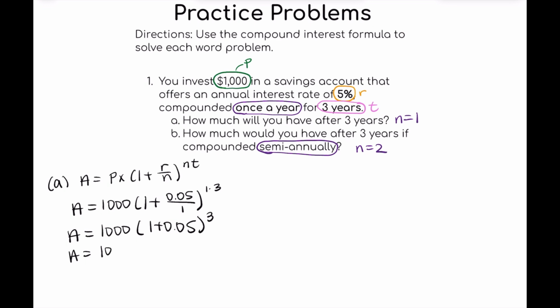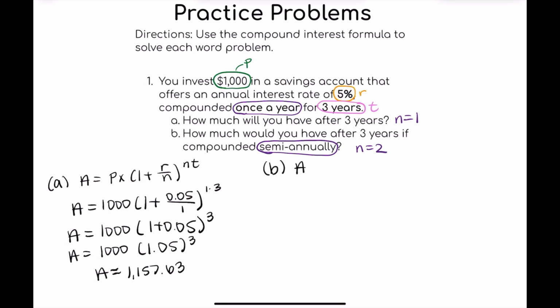I would encourage you guys to simplify it before plugging it into your calculator to minimize mistyping or plugging anything incorrectly in. Once we do that and we calculate, we get our amount is $1,157.63. So this is how much we have, $157.63 of interest. We add that to our principal. That is our compound interest.